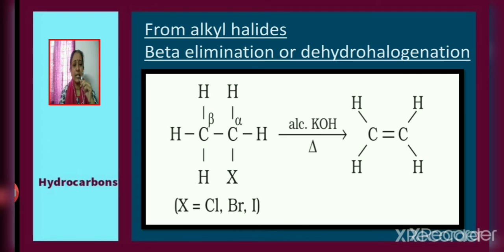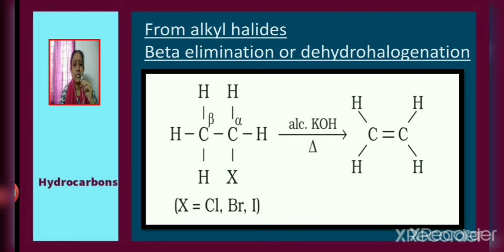Consider haloethane given here. Carbon carrying the halogen atom is known as alpha carbon. Carbon which is attached to alpha carbon is known as beta carbon. So, in this reaction, along with the halogen atom from the alpha position, hydrogen from beta carbon also gets eliminated. So that is why the reaction is known as beta elimination.